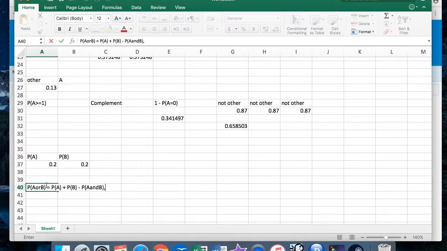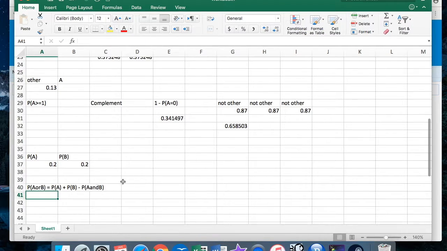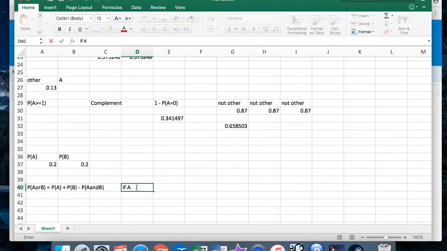But remember, if A and B are mutually exclusive, then probability of A and B equals 0.